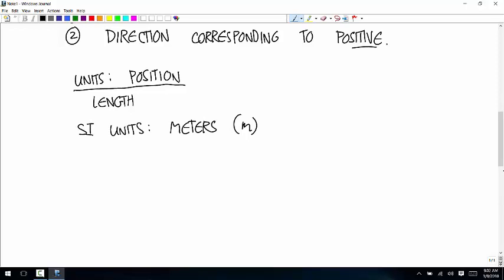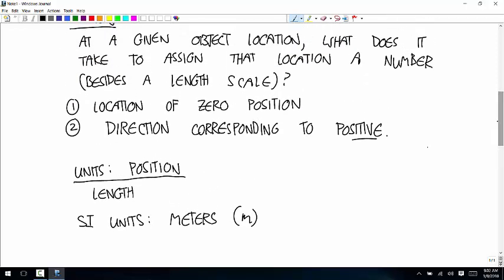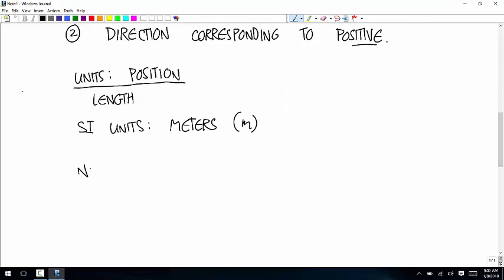Okay, so let's think. Actually, before I do this example, there's one more thing I want to talk about. Normally, what we want is to express position as a function of time.